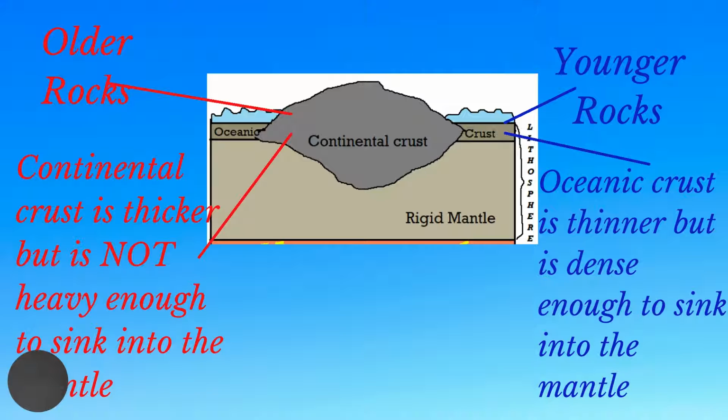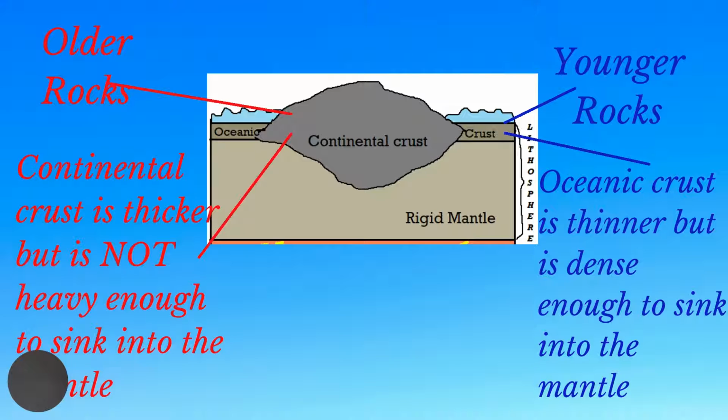The oceanic crust is thinner than the continental crust, but it is denser. It is made up of silica and magnesium and has the ability to sink into the mantle.